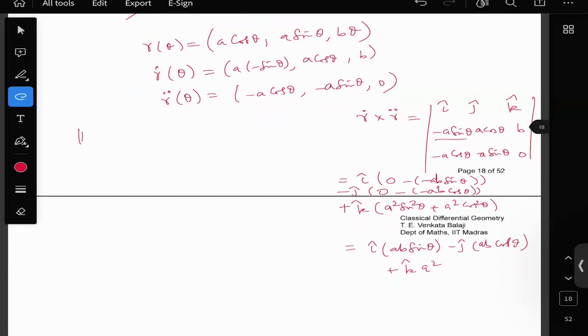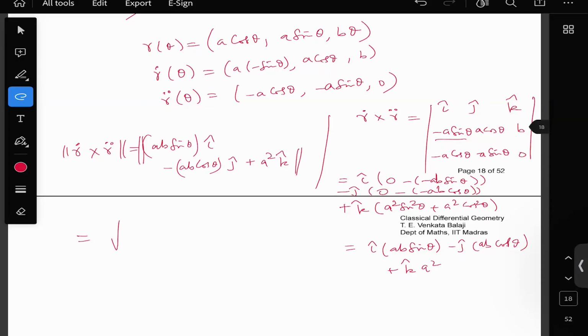So let me write this out. Therefore, norm gamma dot cross gamma double dot is going to be this thing, a b sine theta into i hat minus a b cos theta into j hat plus a squared into k hat, and then the norm of that will give me the square root of the sum of the squares of the components.